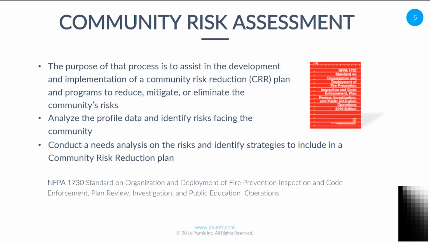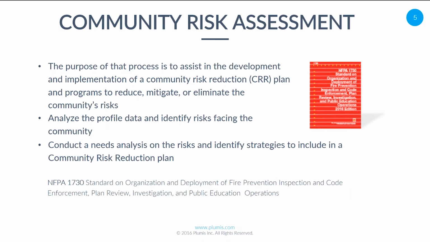When we look at 1730, we see that community risk assessment is the first step for reducing a community's fire risk. And for some folks who are not familiar with that document, one way to think of 1730 is it's the fire marshal's version or complement to 1710 and 1720, the operations standard.